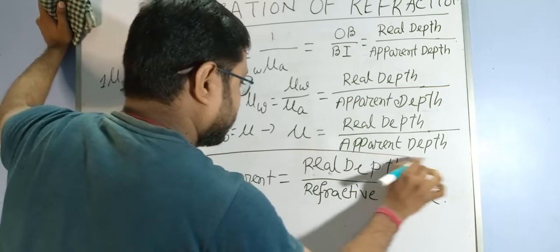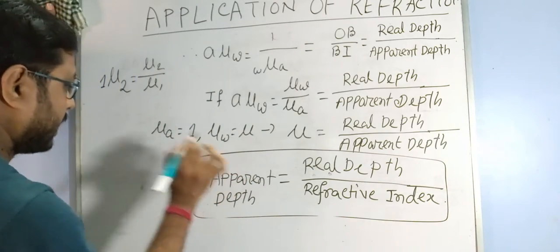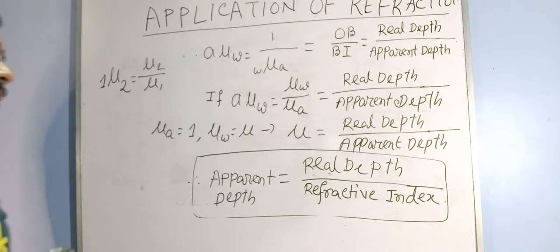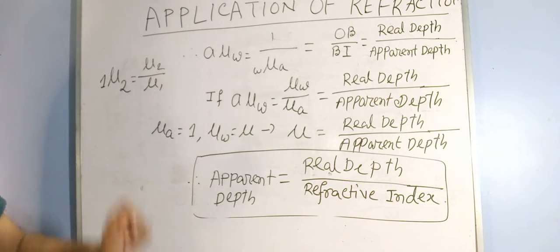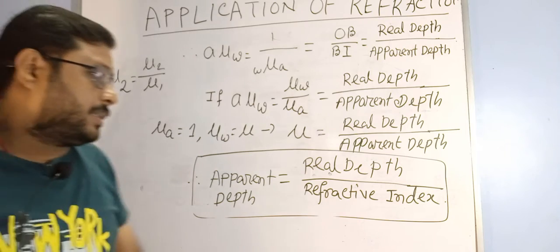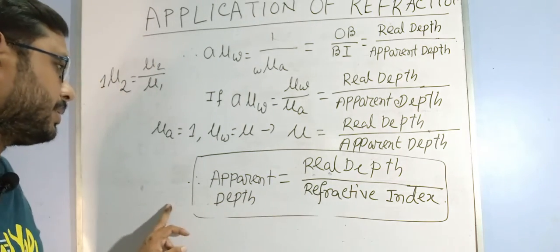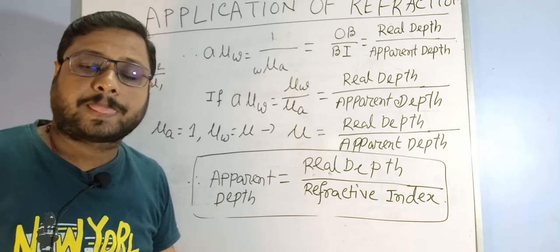This is the formula for shifting of an object, or shifting of the image of an object. Real depth by refractive index is equal to apparent depth.